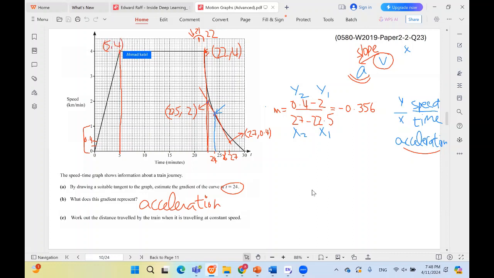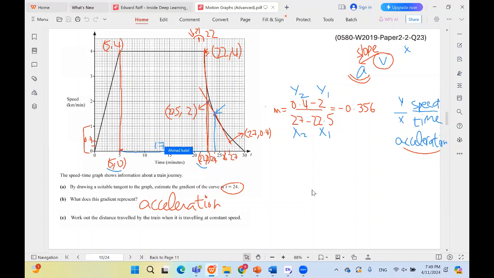Of course, the bottom 2 are quite easy now to figure out. This would be 5 and 0. And this would be 22 and 0. So the distance horizontally goes from 5 to 22. So this is the distance here, and this is 17.